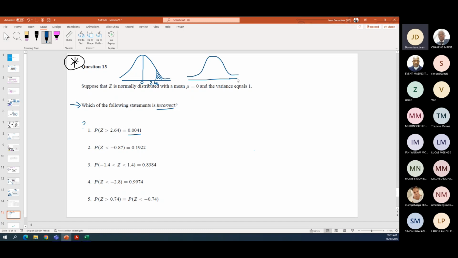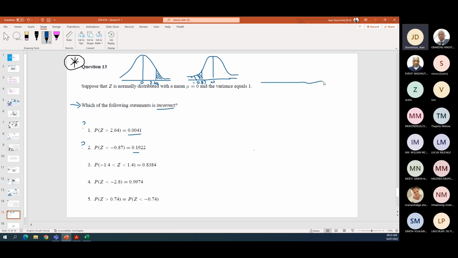But when we look at the second one, Z smaller than, so we know that is 0, a negative 0.87. So that area is going to be smaller than 0.5. I don't know yet if that is the wrong one.